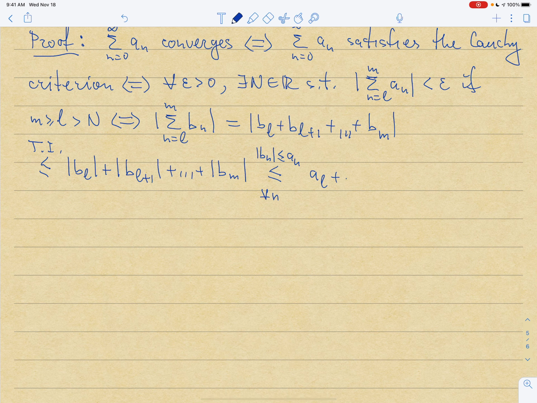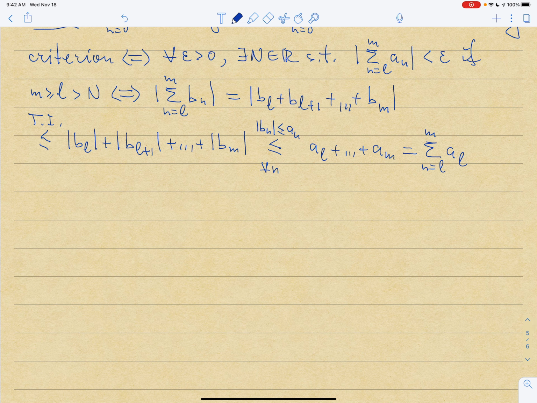So aL plus etc. plus aM, and that is the sum n from L to M of an. But then all an are greater or equal than 0 for all n.